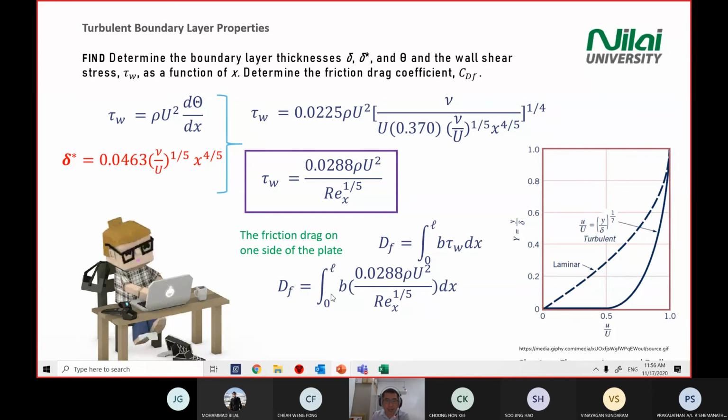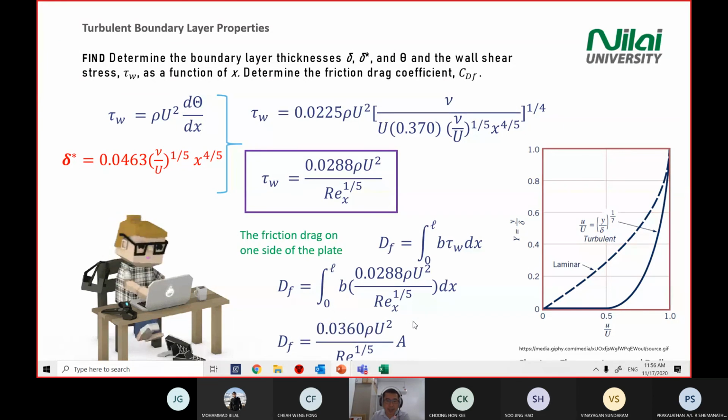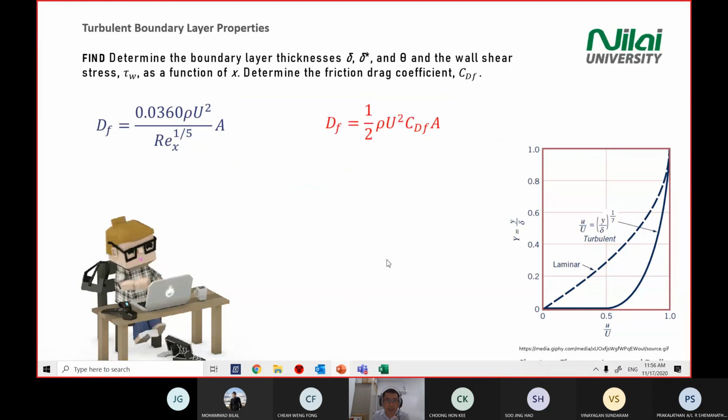You integrate your x from 0 to L. You get this equation. Then you pull out the drag equation.